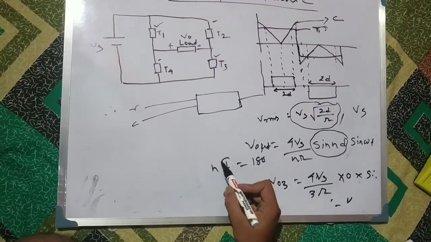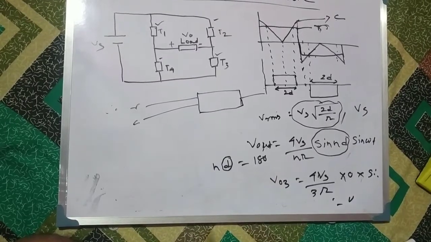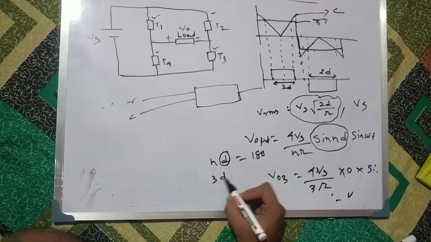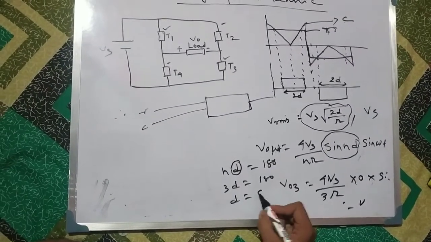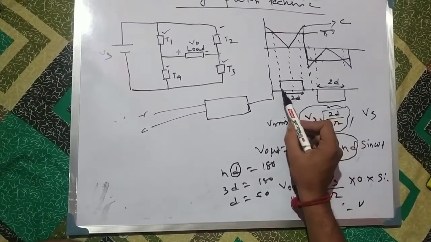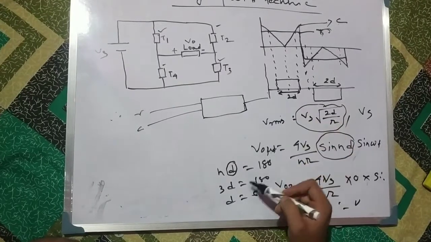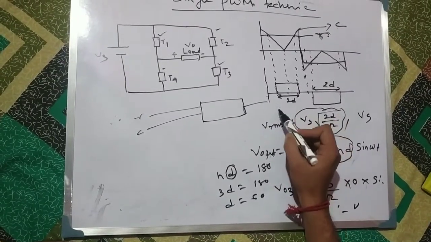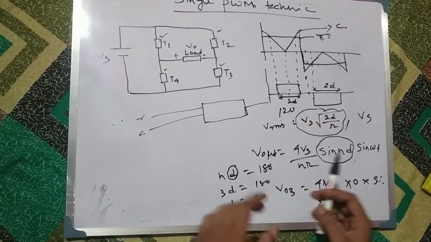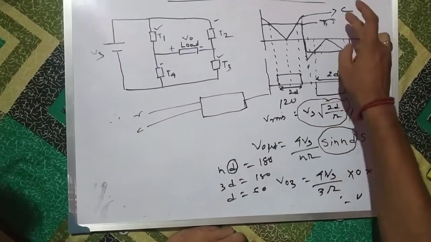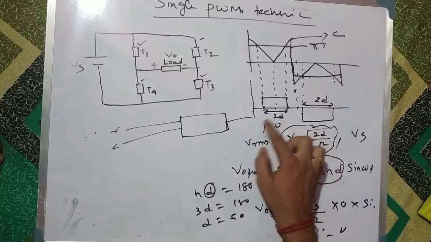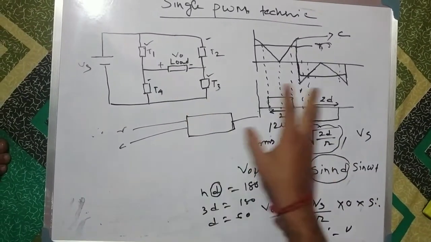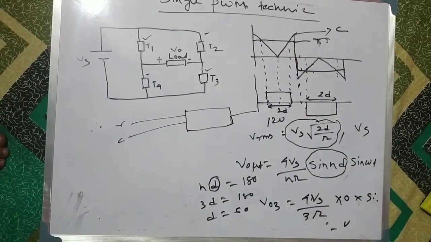With n equal to 3, d equals 180 degree by 3, so d equals 60. If d equals 60, then 2d equals 120. If we control the carrier and reference signal such that 2d is 120, the output voltage will not have any third harmonic component.